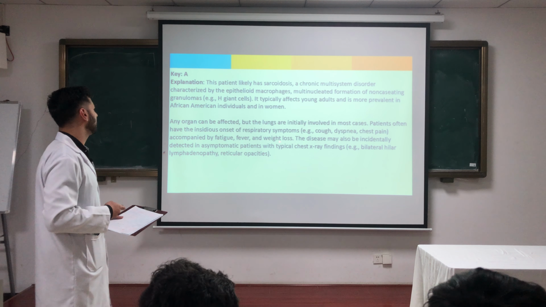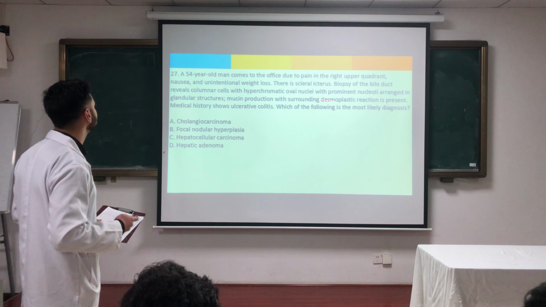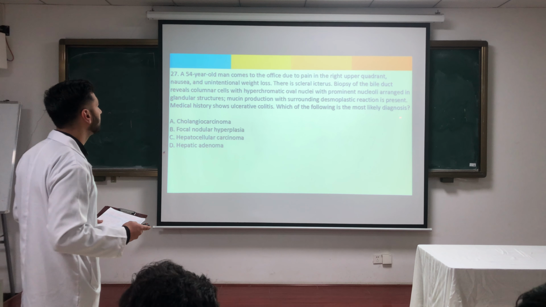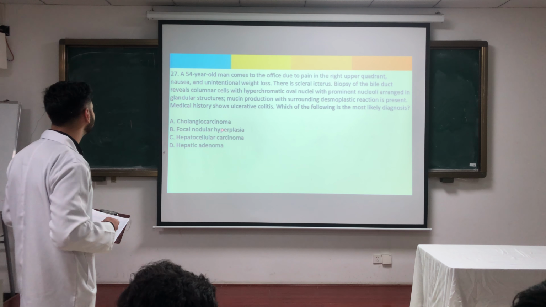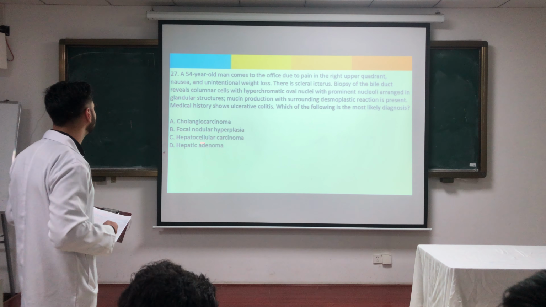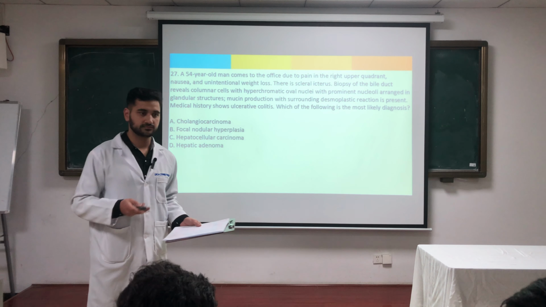Mucin production with surrounding desmoplastic reaction is present. Medical history shows ulcerative colitis. Which of the following is the most likely diagnosis? Cholangiocarcinoma, focal nodular hyperplasia, hepatocellular carcinoma, hepatic adenoma. So, who wants to give the answer to this question?